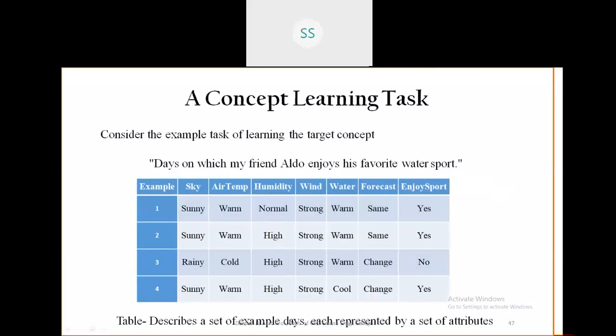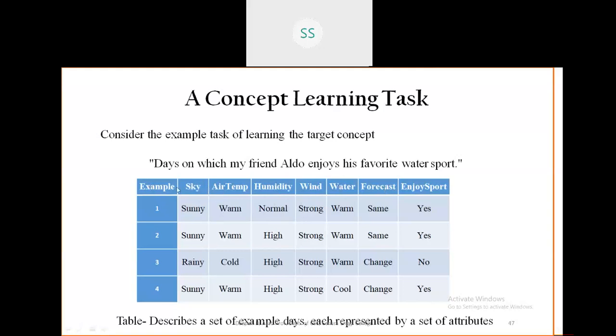Let us take an example. Here we have six attributes: sky, air temperature, humidity, wind, water, and forecast.